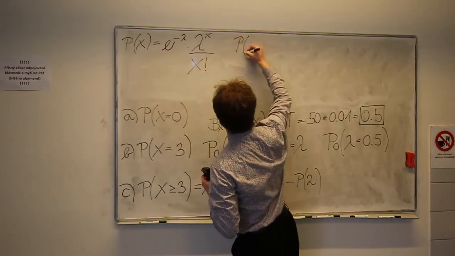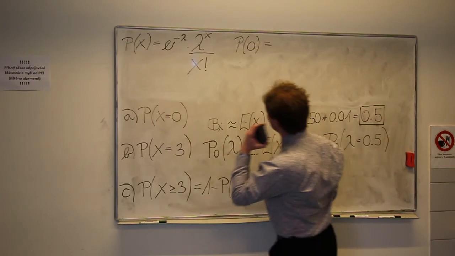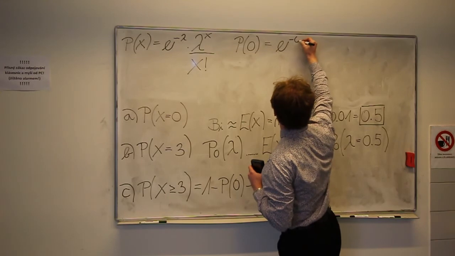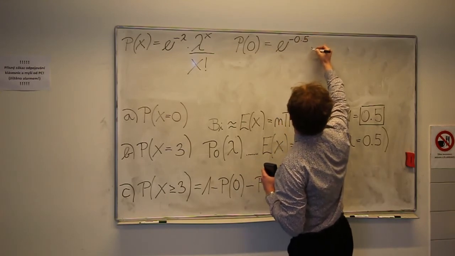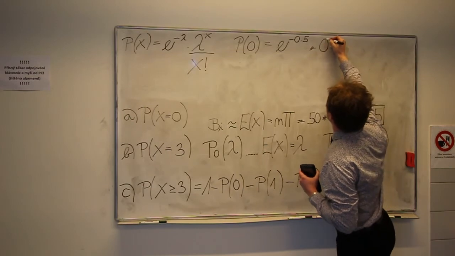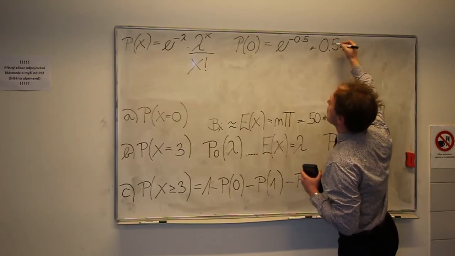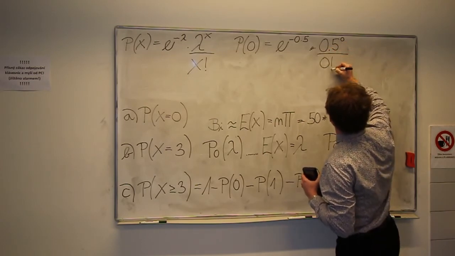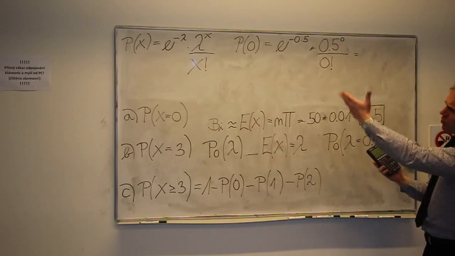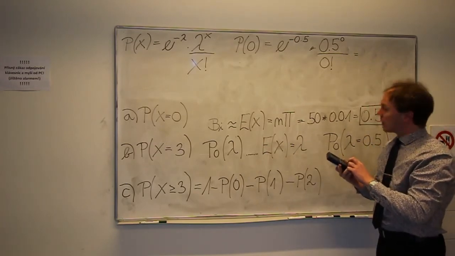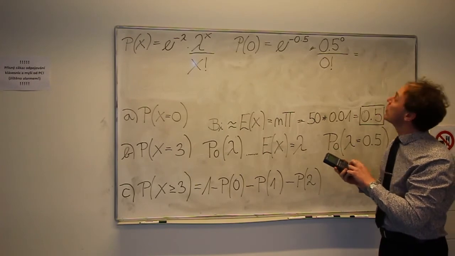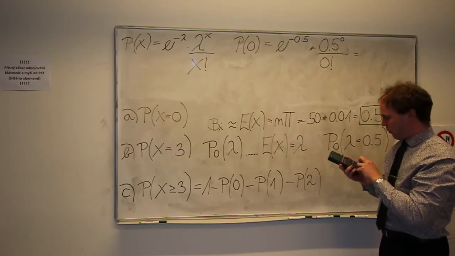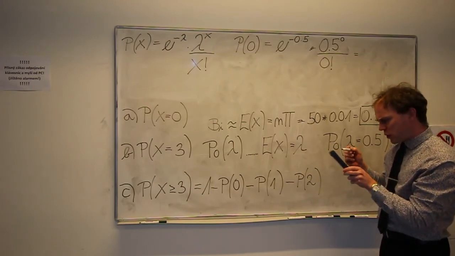In our situation, probability that random variable x will be equal to 0 will be equal to Euler constant powered by minus 0.5 times 0.5 powered by 0 divided by 0 factorial. Okay, so you are able to solve this. Euler powered by minus 0.5 times 0.5 powered by 0 divided by 0 factorial is 0.6065.